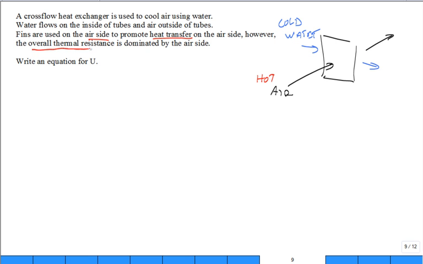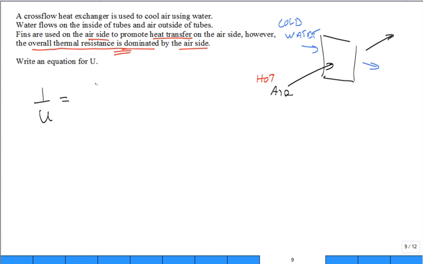However, even if you put fins on it, the overall thermal resistance is still dominated by the air side. Write the equation for U. Can you write the equation for U, the overall heat transfer coefficient? That's exactly it. So 1 over U is the way I would normally start to write it, because it's a resistance, and you have a sum of resistors.